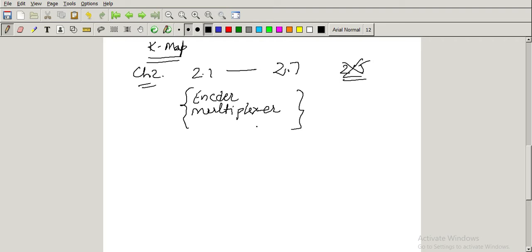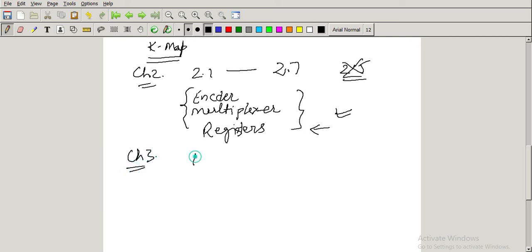They have also defined the concept of registers. They have introduced the registers in this chapter 2, but they have explained them in more detail in chapter 5. Then this is enough for chapter 2.